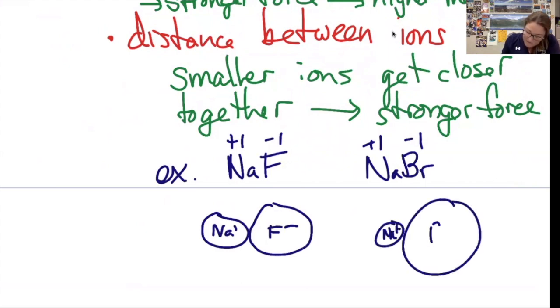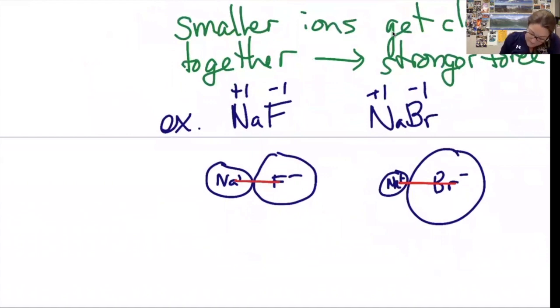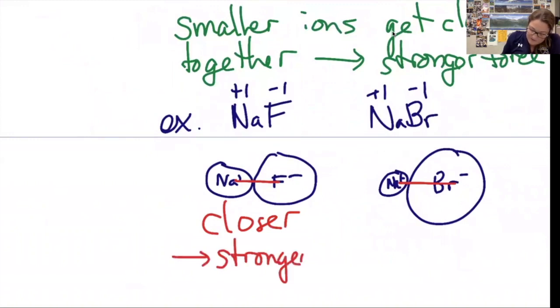Bromine is going to be quite a bit bigger than fluoride because it has 2 more shells of electrons. One of the reasons we did periodic trends before this is to help understand this. So if I were looking at the distance between them, I'm comparing that distance versus that distance. With the smaller ions can get closer together, which is going to give us a stronger force. Now we have some problems where we want you to decide which one has the stronger ionic bond.